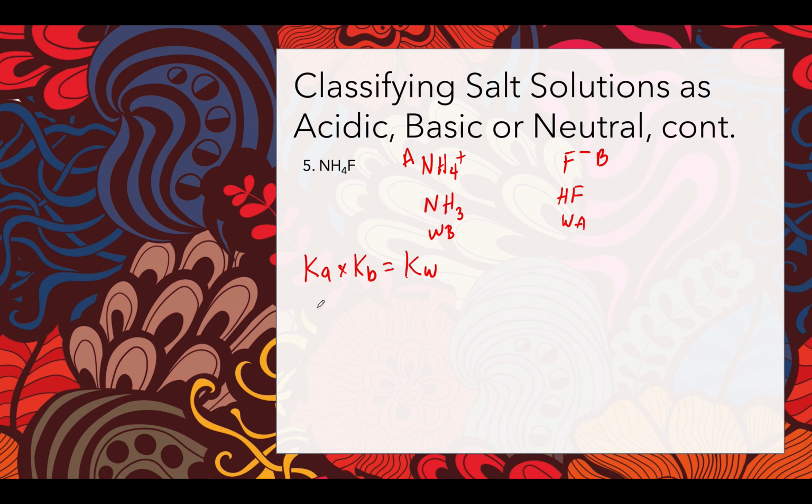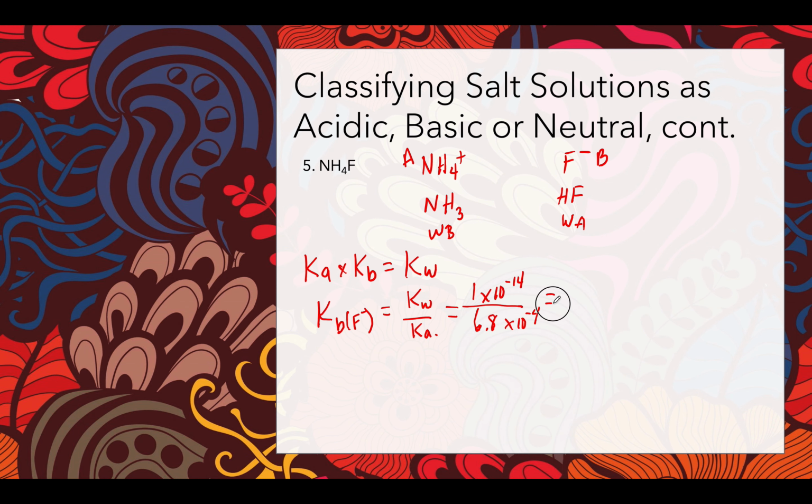We are going to start off with finding the Kb for that fluoride ion. So the manipulated equation, with our values that we first of all know, and then also for the Ka we looked it up in the textbook, we want to have 1 times 10 to the negative 14th over 6.8 times 10 to the negative 4.